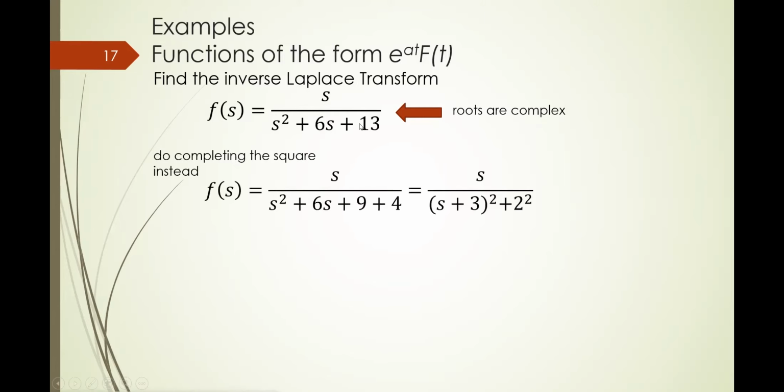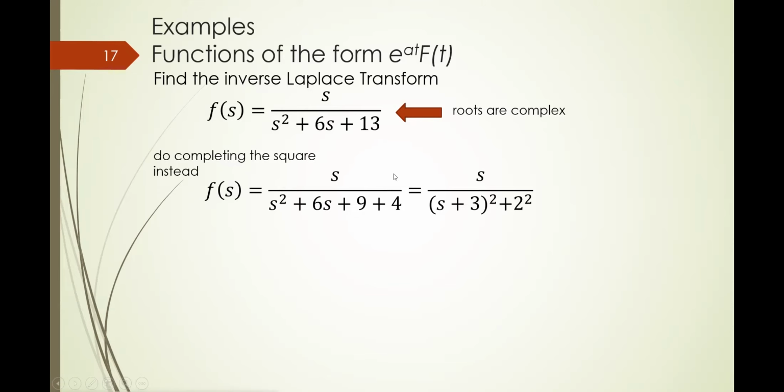So here, you can say that the roots of the denominator will be complex. How do we know that? Because this one is not factorable. If you try to get the roots using the quadratic formula or the completing the square method, you'll be able to get complex roots. Okay, so let's try doing completing the square. Of course, completing the square, this will give you s squared plus 6s plus 9.